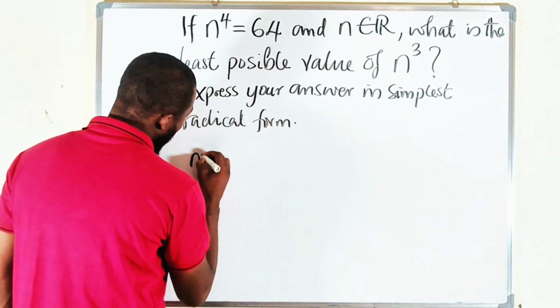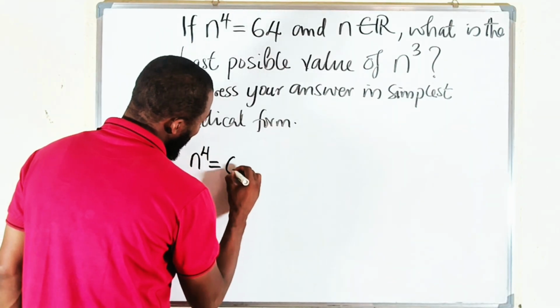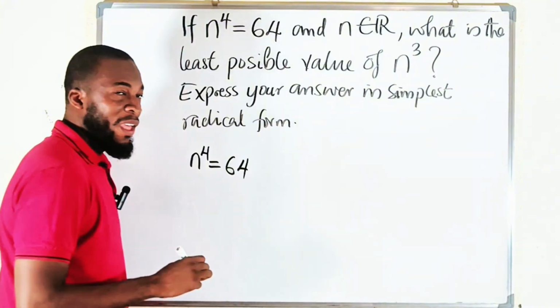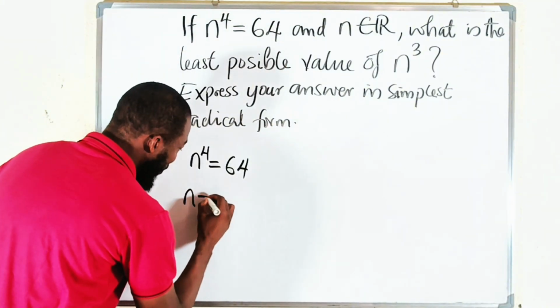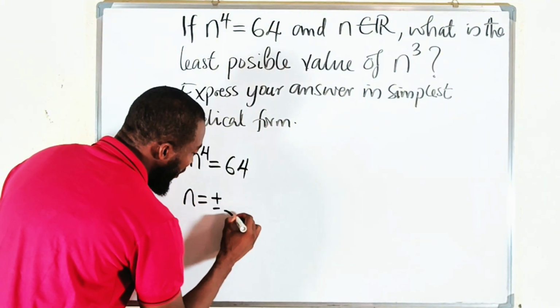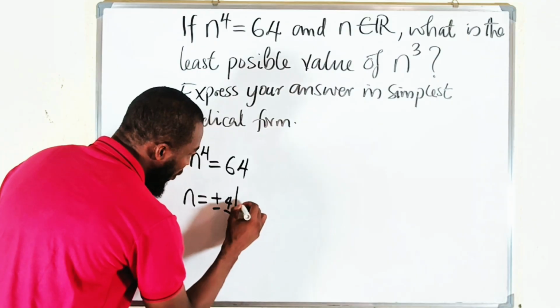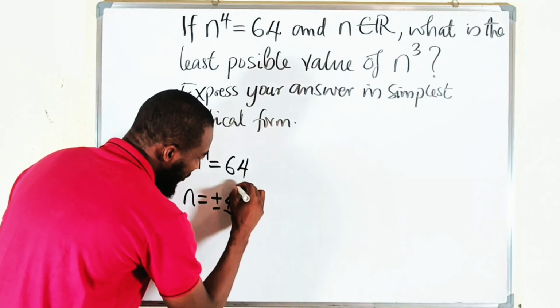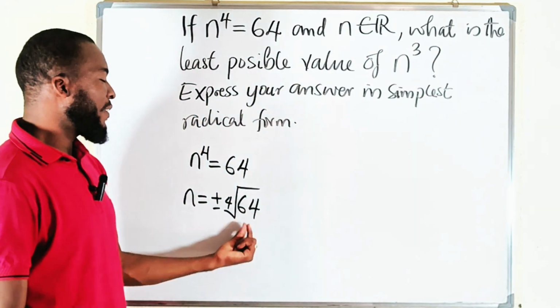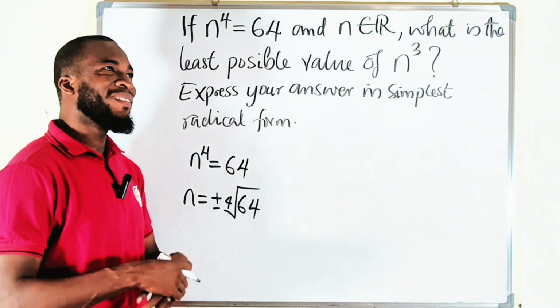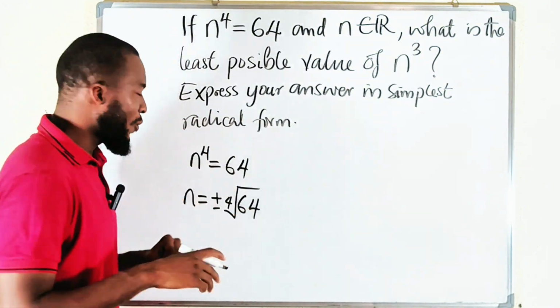If n to the power of 4 is equal to 64, then n is equal to plus or minus the fourth root of what? 64. Yes. And we know that 64 can be expressed as what? 16 times 4.